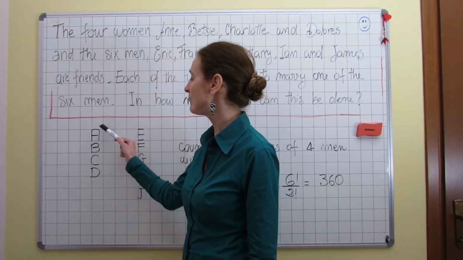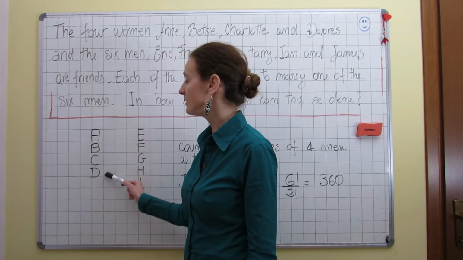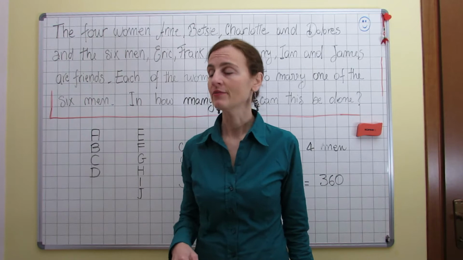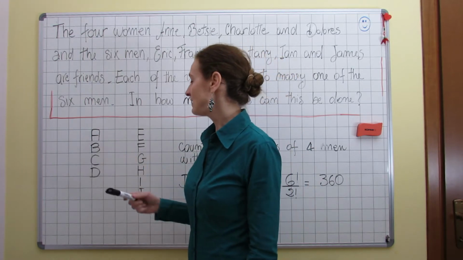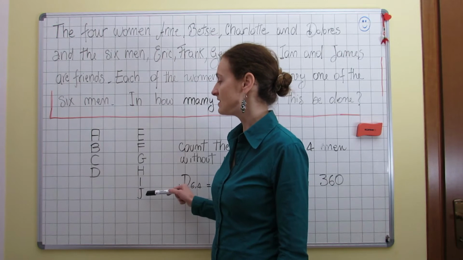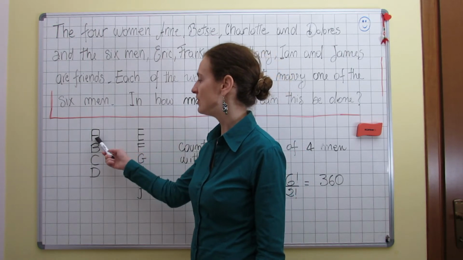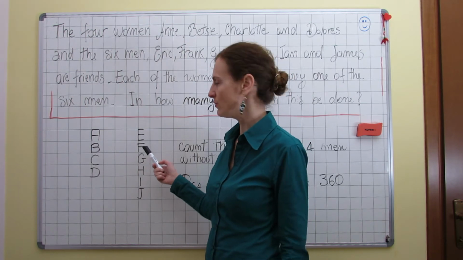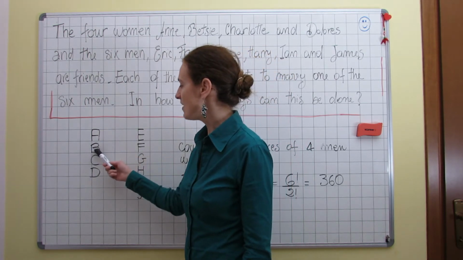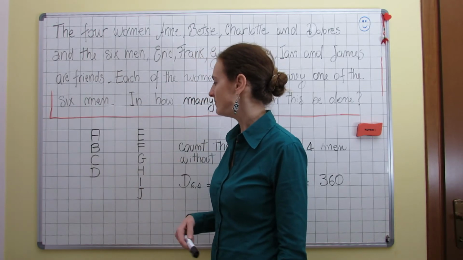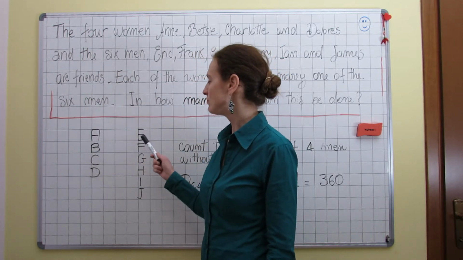So you have 4 boxes to fill in, 4 blanks. In each blank you will write one of the 6 letters. For example, in the first slot you can write F, let's suppose so. In the second blank, you will write J. In the third you will write E.